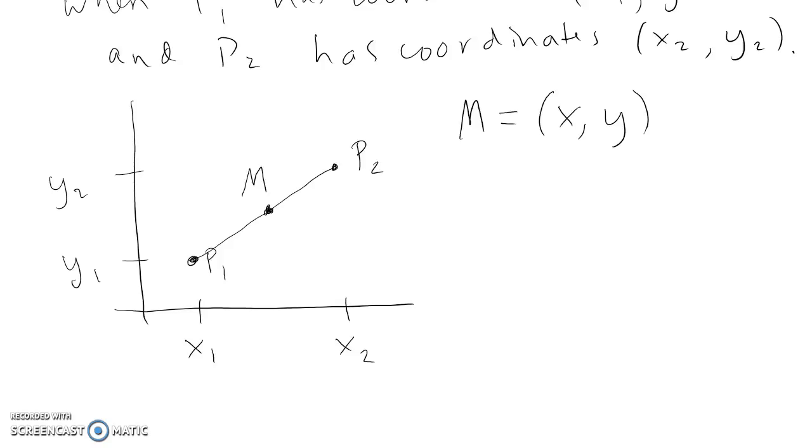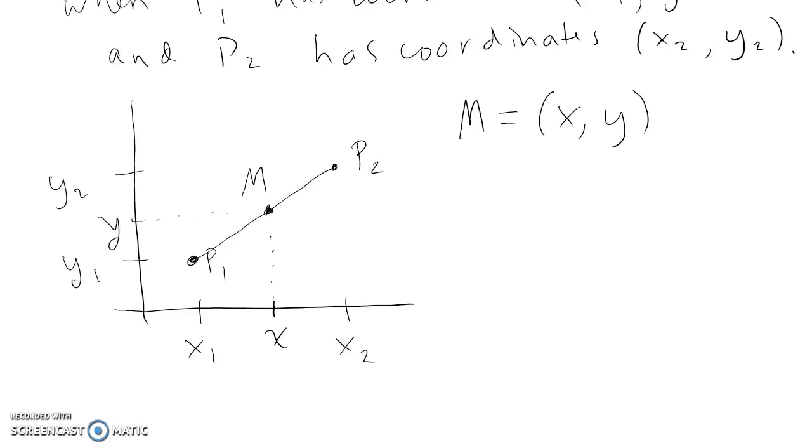Okay, so because M has coordinates x and y, we know that we could call this here x, and this here y.